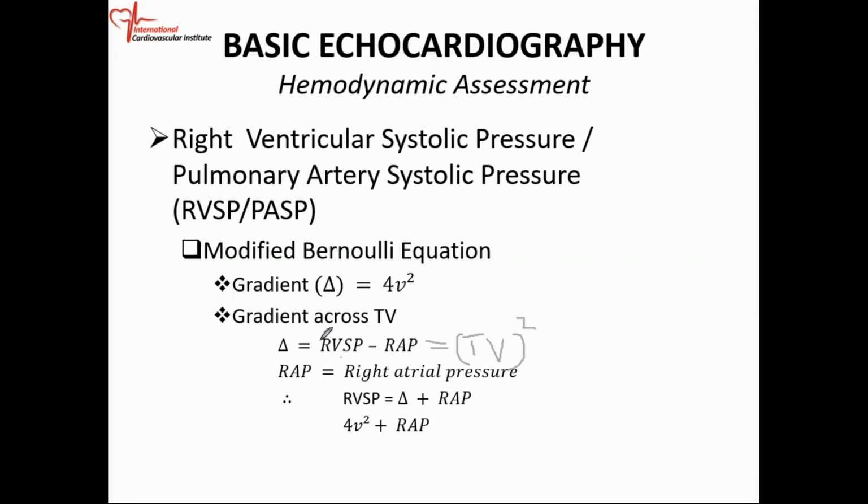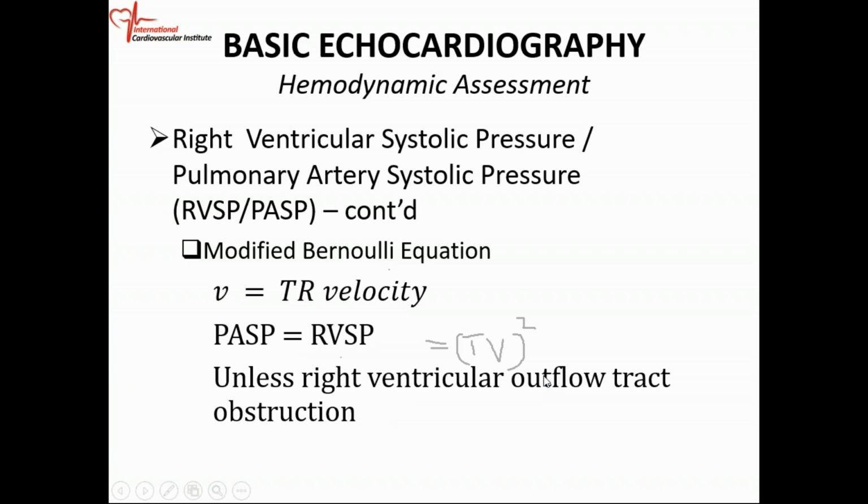So if you want to get the right ventricular systolic pressure, you just move the right atrial pressure to the opposite side. And your right ventricular systolic pressure is now equal to the gradient plus the right atrial pressure. And again, the gradient is 4V squared.